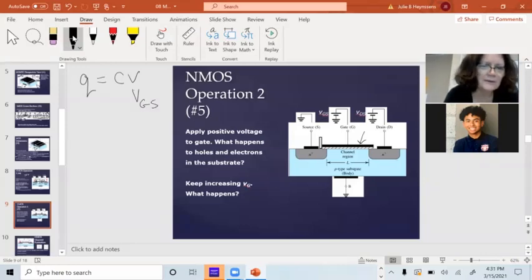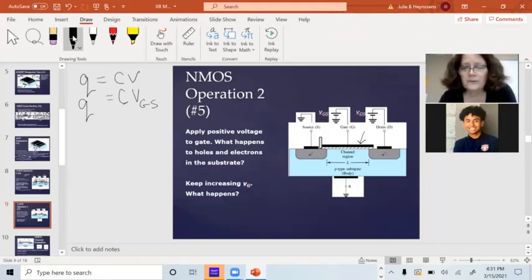The capacitance isn't zero. So I'm going to have some charge accumulating. That's what capacitors do. They store charge. Since this is the positive side of the voltage, I'm going to accumulate positive charge on this side of the capacitor, which means on the bottom plate of the capacitor, I'm going to accumulate negative charge.